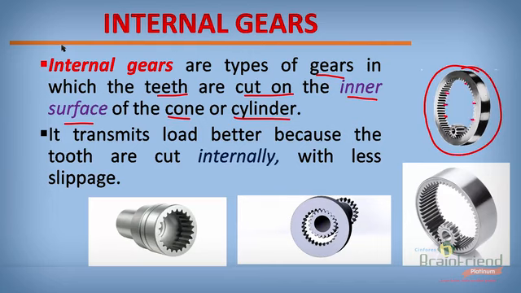When we have the teeth made on the inner surface of a cone or cylinder, we'll say that is an internal gear. It transmits load better because the teeth are cut internally with less slippage. That means there is not much power loss because of the transmission of power internally.